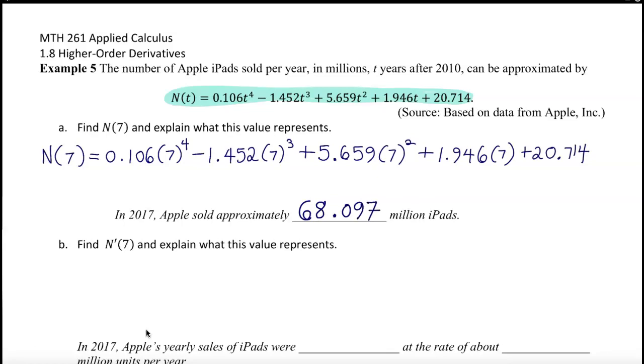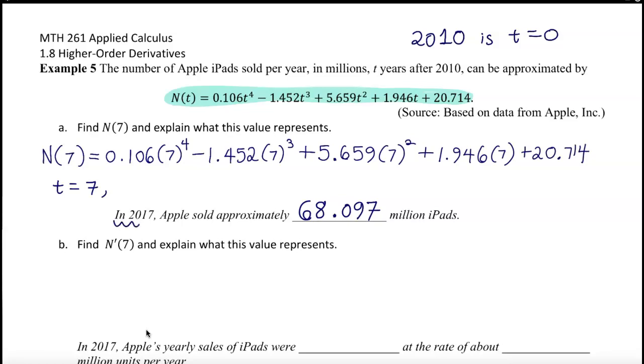I got 68.097. So what does that mean? Because 2010 was like year 0, this is t equals 0. When they say t equals 7, that means 7 years from 2010.